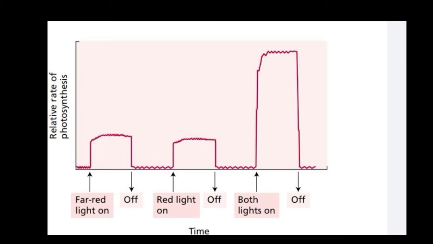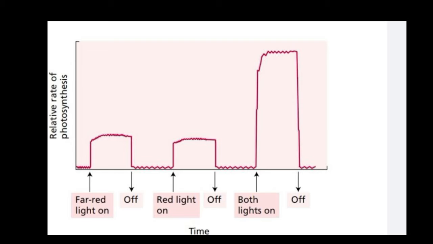Now another puzzling experiment result was the enhancement effect. This effect was also discovered by Emerson, so it is known as Emerson enhancement effect. He measured the rate of photosynthesis separately with light of two different wavelengths and then used the two beams simultaneously.